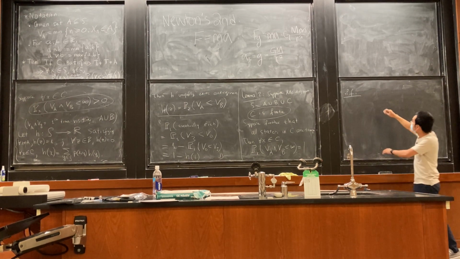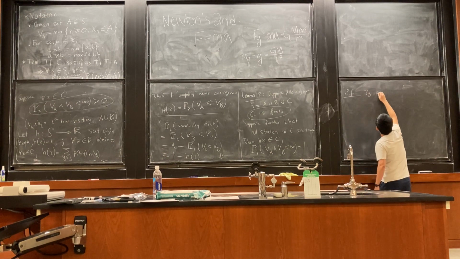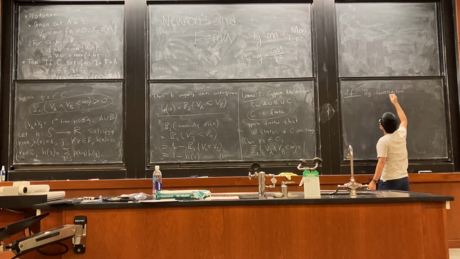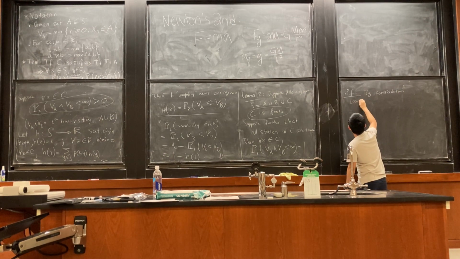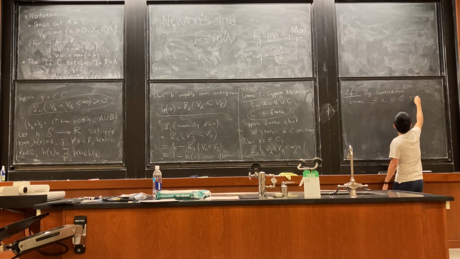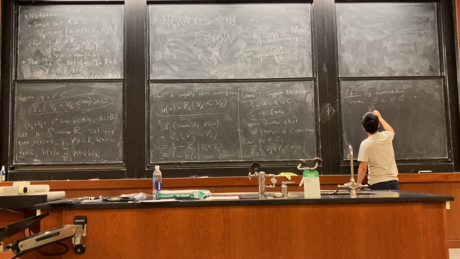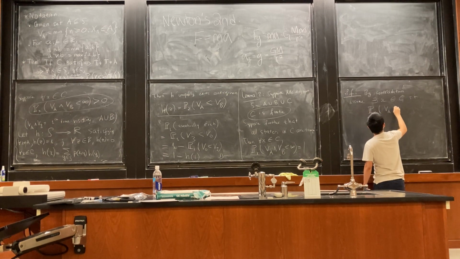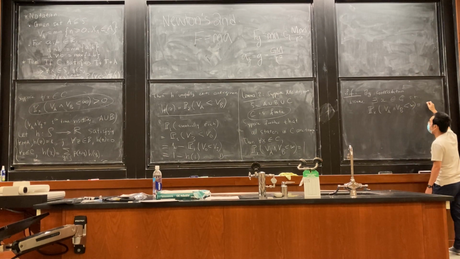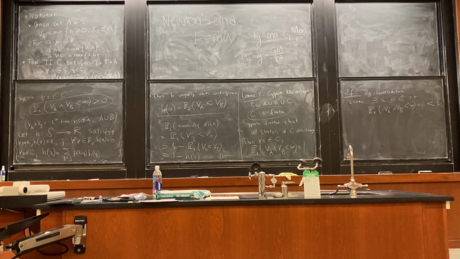So by means of contradiction, let me assume there exists an x in C such that the probability that the minimum of T_A and T_B is infinite is a constant little c, which is strictly less than 1. Let me just assume that.